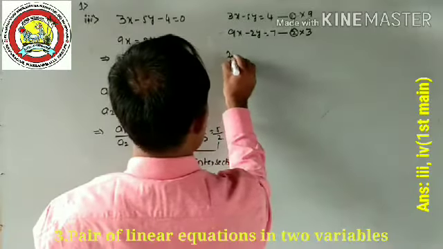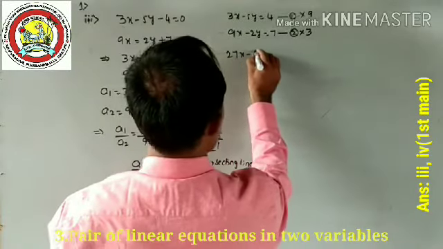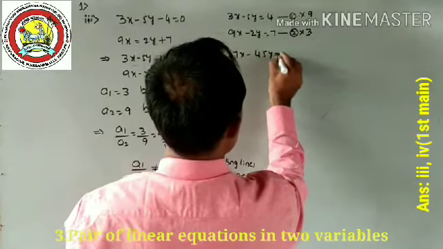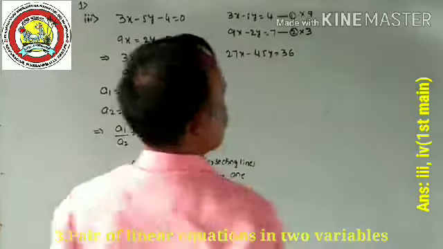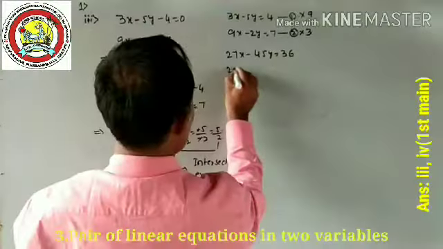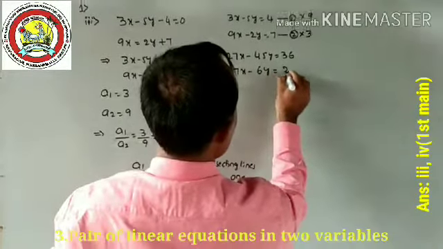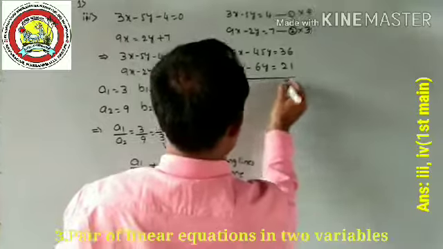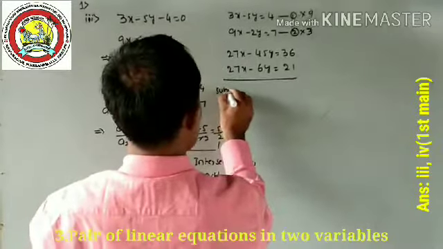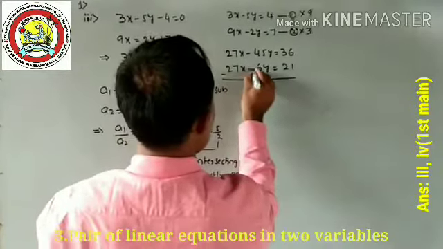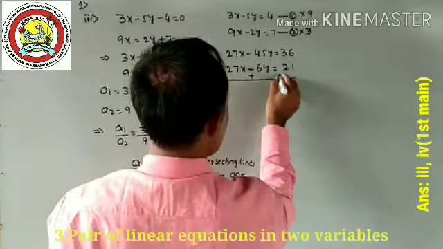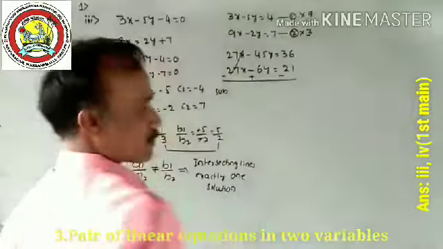So 9 times 3 is 27x minus 9 times 5 is 45y is equal to 9 times 4 is 36. And 3 times 9 is 27x minus 3 times 2 is 6y is equal to 3 times 7 is 21. As we subtract, the minus becomes plus, and the 27x terms cancel.